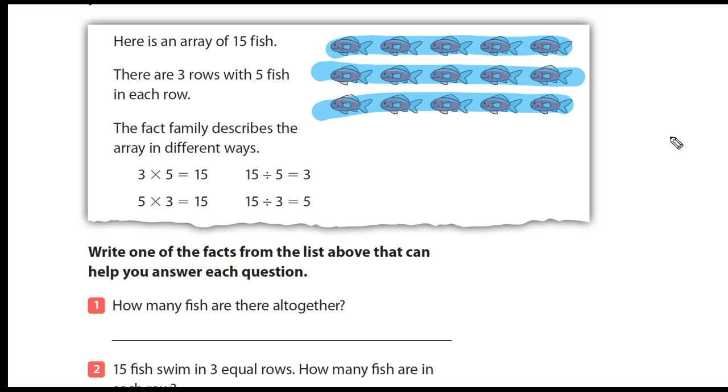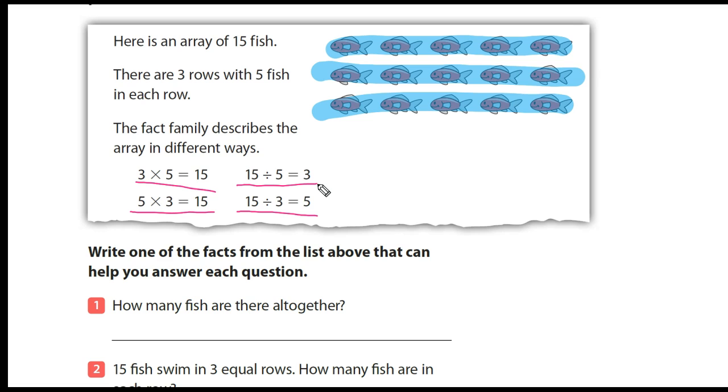Okay, so we have 3 times 5 is 15. Okay, we have 5 times 3 is 15. Okay, and then 15 divided by 5 is 3. 15 divided by 3 is 5. So we have all these right here. Again, I'm going to ask you, are we using the same 3 numbers? Yes. Wait.